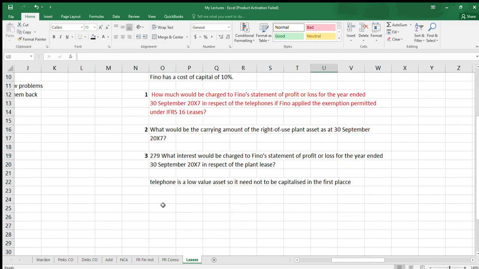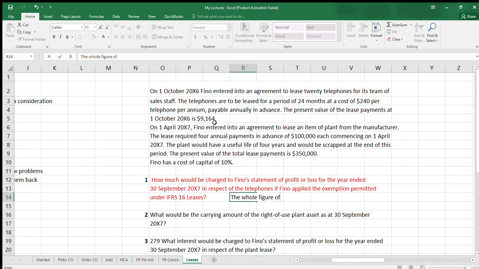So in question 1, the whole figure, and here they said that the present value of the lease is 9164. So 9164 should be expensed in the P and L. That's all, this whole figure.